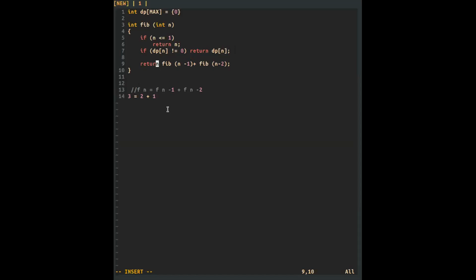Otherwise, just set dp of n equal to this and return it, right?